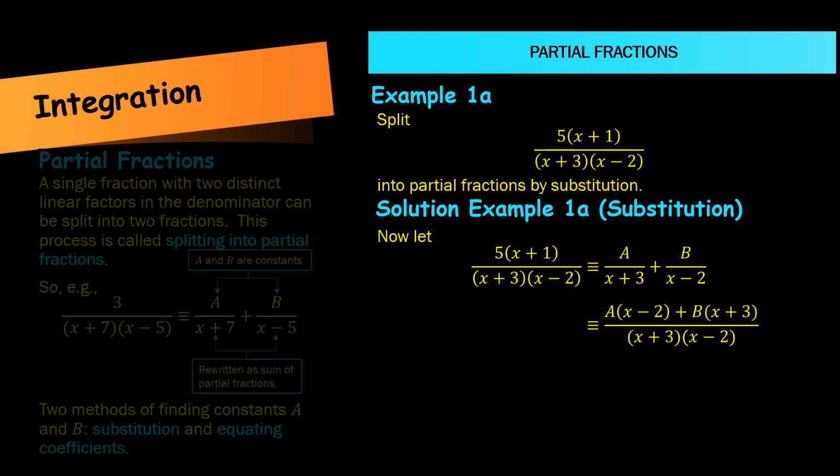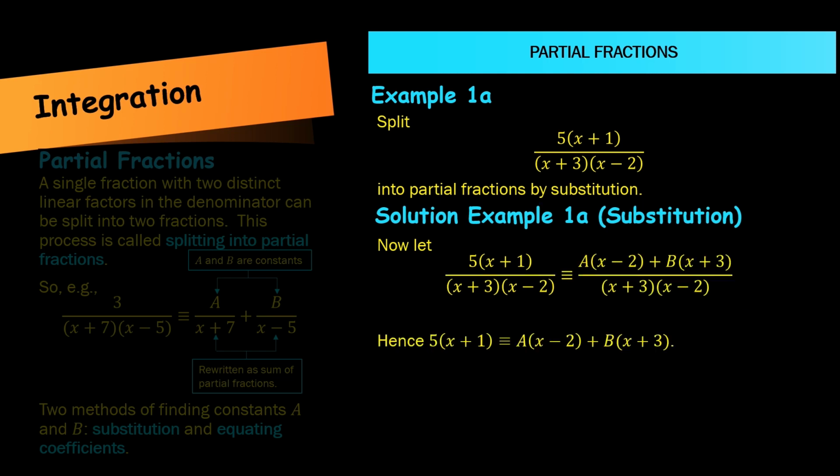We then add the fractions on the right-hand side by putting them over a common denominator as shown. Therefore, we now have that the numerator on the left-hand side is identical to the numerator on the right-hand side.